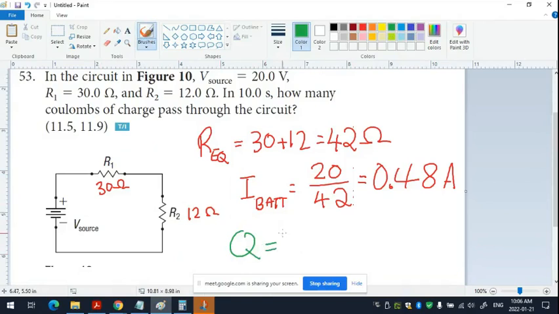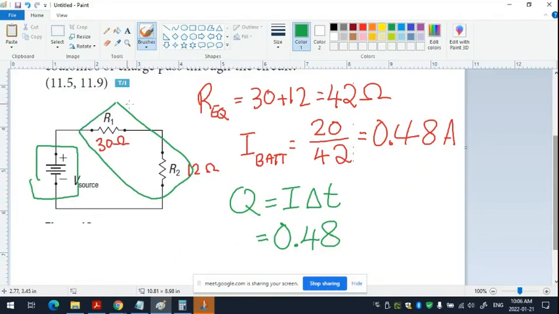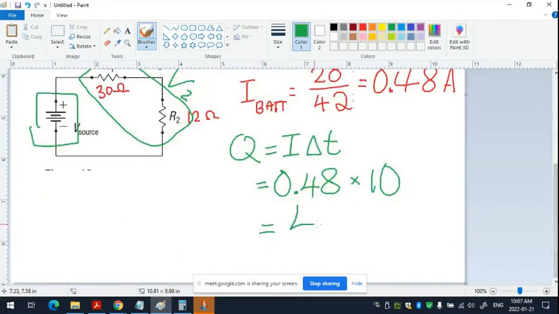Q equals I delta T. That's for this driving source, which means it's basically going to be both of these, V1 and V2. What's the unit? Coulombs. Thank you.